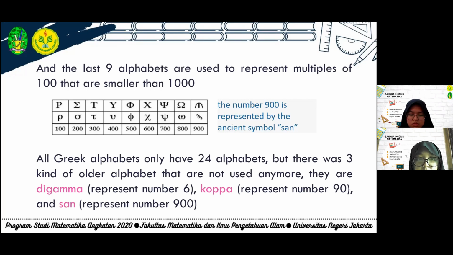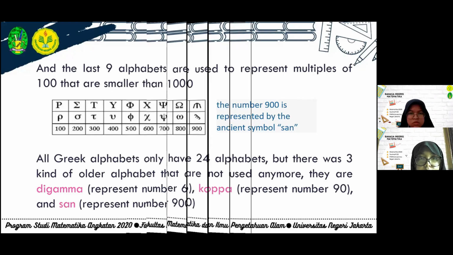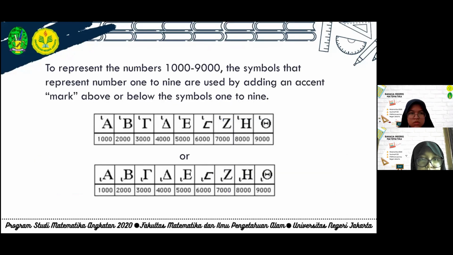They are digamma, representing number 6, koppa, representing number 90, and sampi, representing number 900. To represent the numbers 1000 until 9000, the symbols that represent numbers 1 to 9 are used by adding an accent mark above or below the symbol.